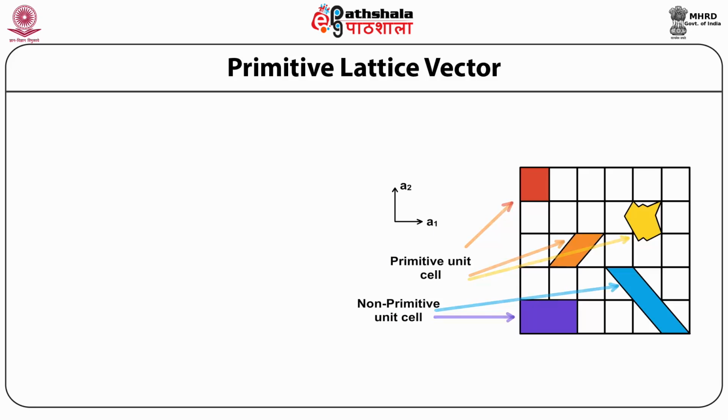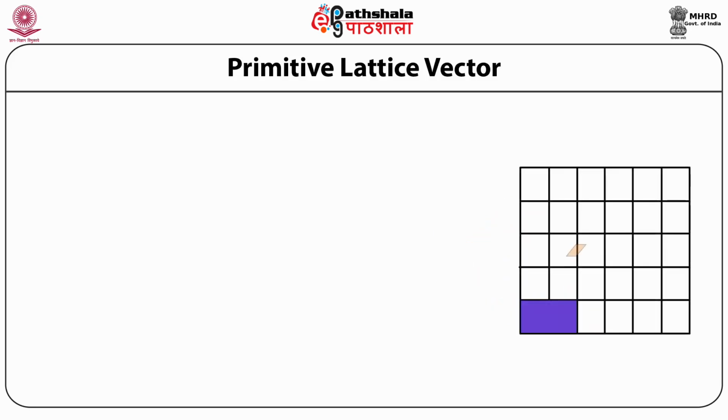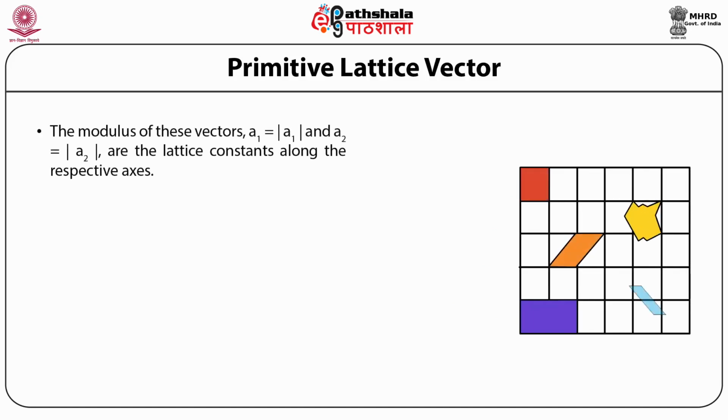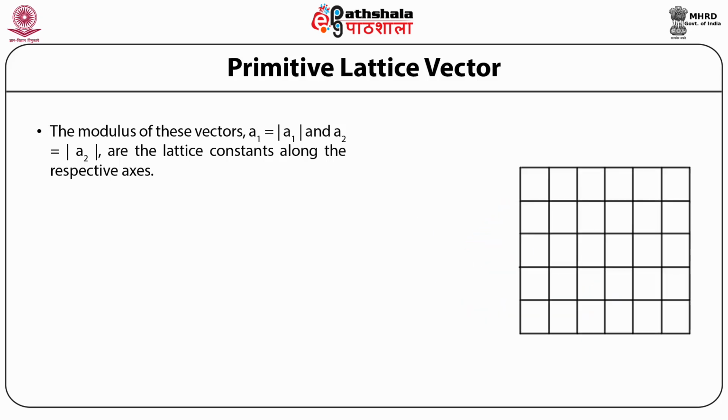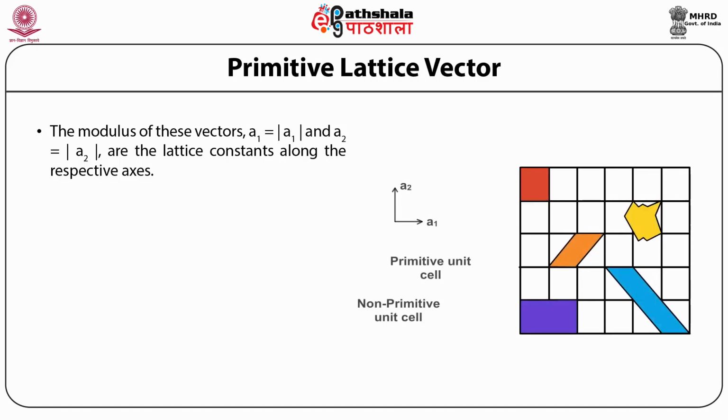Therefore, the question about lattice vectors is how small they can be. So a1 and a2, this is shown here in 2 dimensions. You can see that on the left it is written that the moduli of the vectors a1 and a2 are the lattice constants along the respective axes.